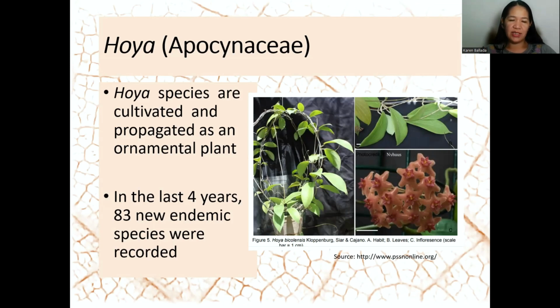In 2018, the COS Digital Flora reported around 119 recorded Hoya species here in the Philippines, and in less than 4 years, so this is already 2022, they had recorded 202 species. So in almost 4 years, 93 new endemic species were recorded.